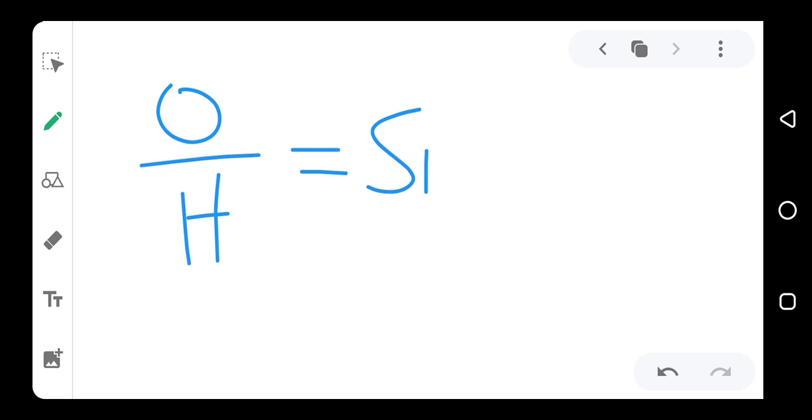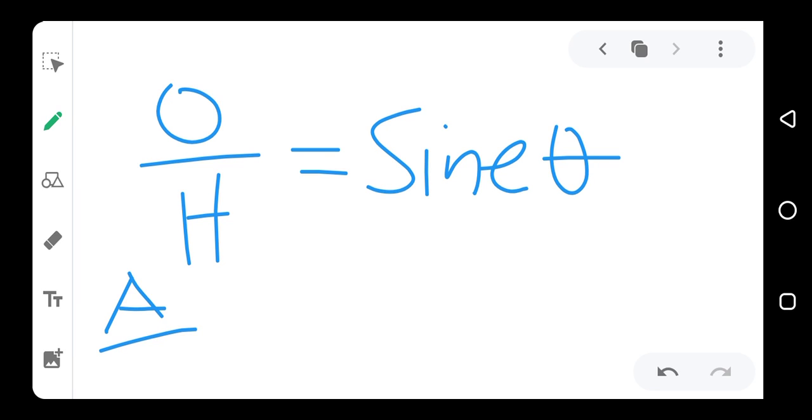When we divide the opposite with the hypotenuse, it leads to what we call sine theta. And when we divide the adjacent with the hypotenuse, it leads to what we call cosine theta.